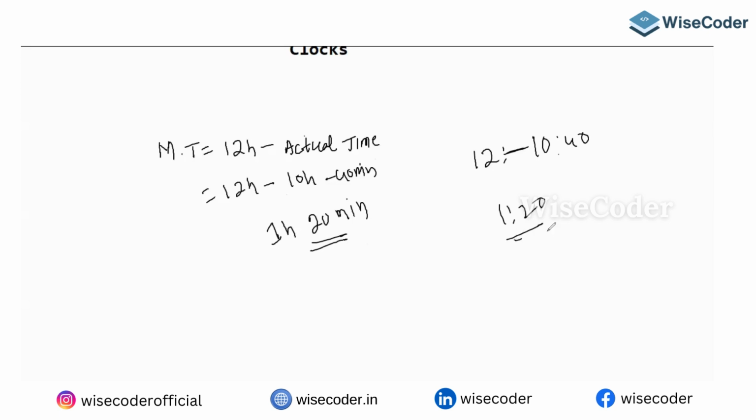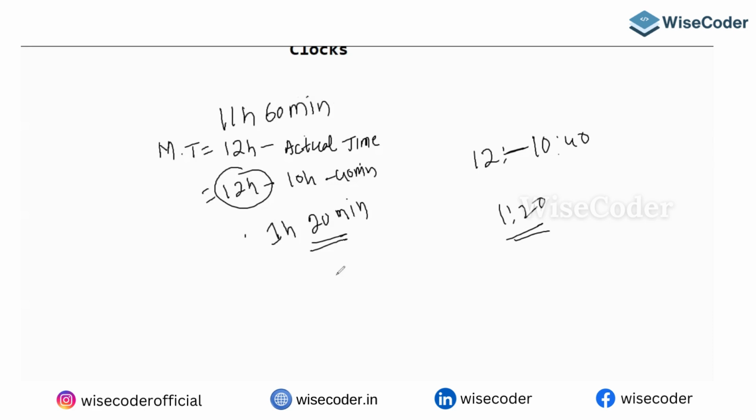So when the time is 10:40, if you want the exact minutes, you can write 12 hours as 11 hours 60 minutes.